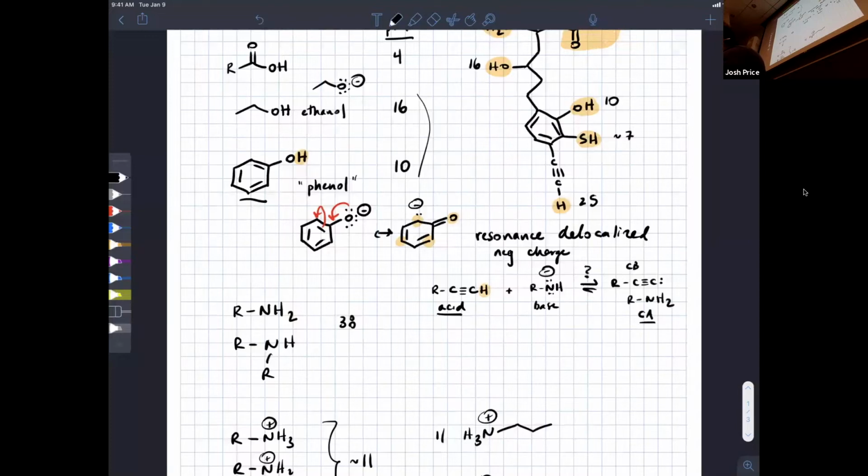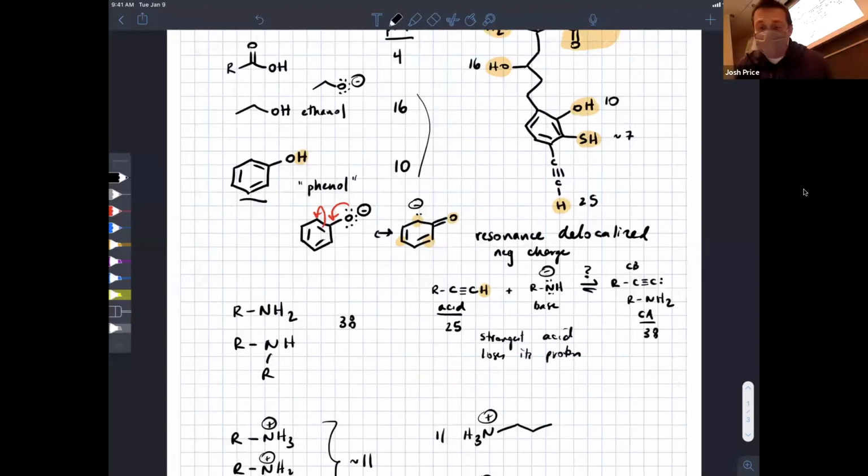If someone's asking you where equilibrium lies, you look up the relevant pKa values, and then the strongest acid loses its proton. I used to say the strongest acid wins, but that makes it seem like you get the equilibrium the wrong way. So the strongest acid wins by losing its proton, or just the strongest acid loses its proton.